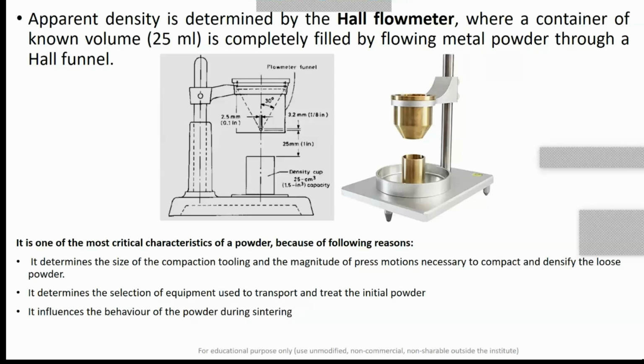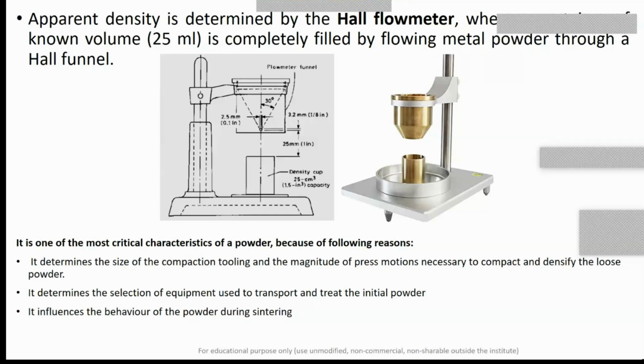It also determines the selection of equipment used to transport and treat the initial powder. If the density of the powder is low, it will cause a problem in the flow of the powder particles into the cavity, as well as from the powder feeder to the cavity.